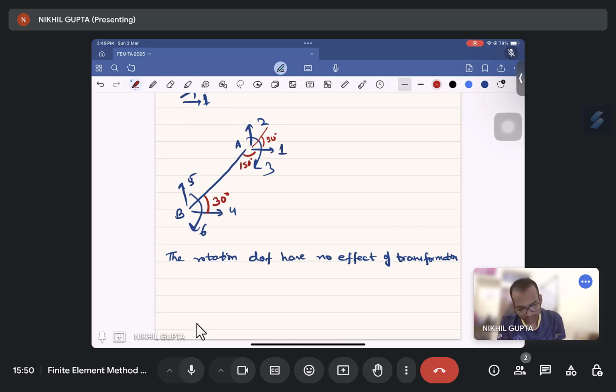Now, we have to get from the first axis the angle of the bar, which will be this. So directly we can write theta equals 360 degrees minus 150 degrees, which is 210 degrees.